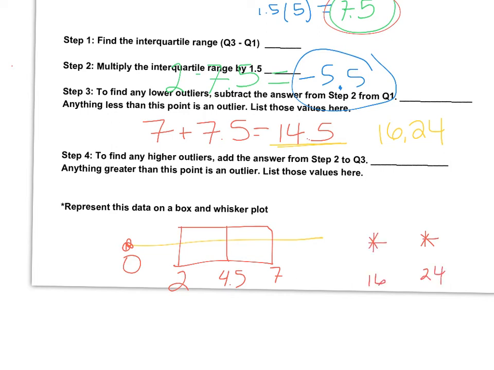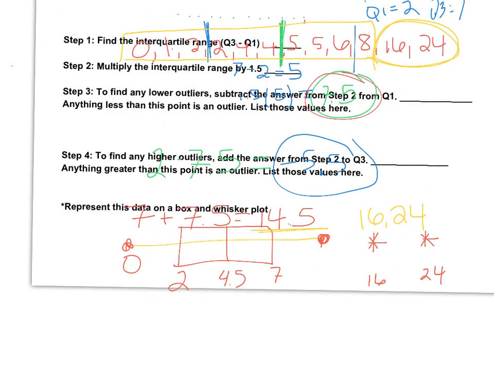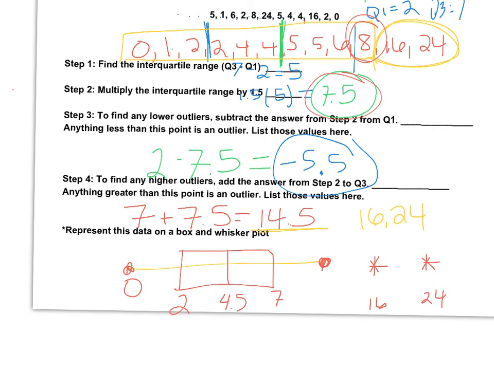So we can put little asterisks right there to show that those are outliers. And our new max on our box and whisker plot just becomes the first number that's not an outlier on that end. So if you look up here in our data set, the number 8 was the last number to not be considered an outlier. So we could put our new max at the number 8.